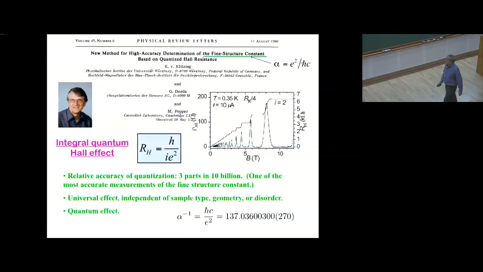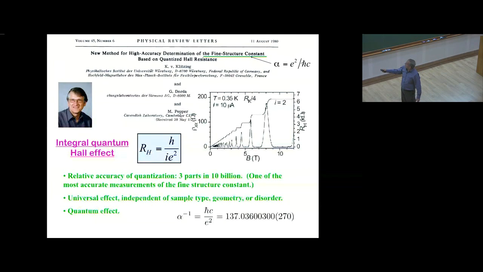So when Klaus von Klitzing repeated the experiment in these 2-dimensional systems, he found something very surprising. Initially, at low magnetic fields, the Hall resistance started out the way we expect. It's going up linearly with magnetic field.